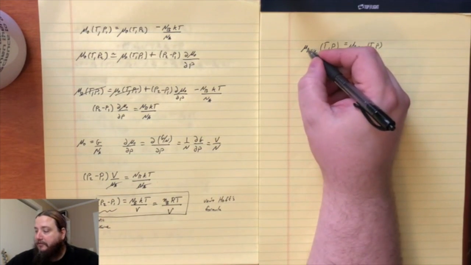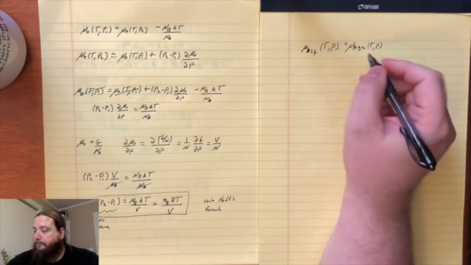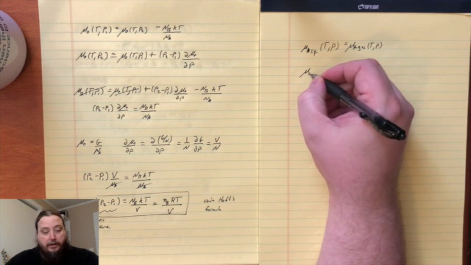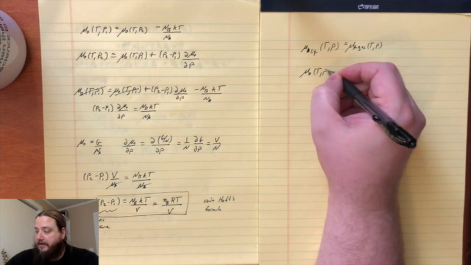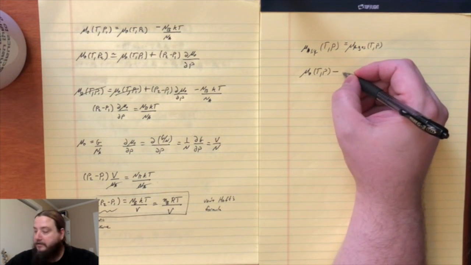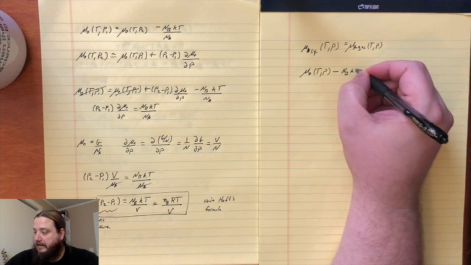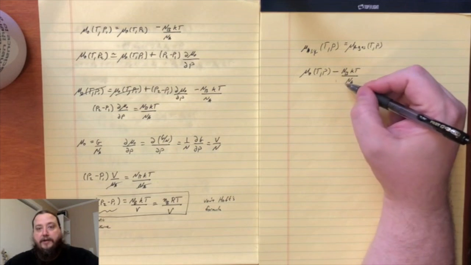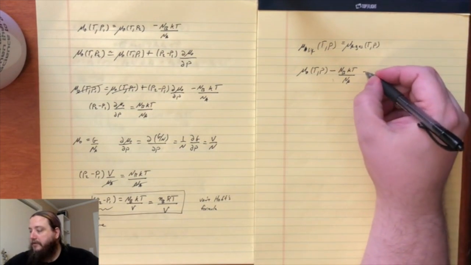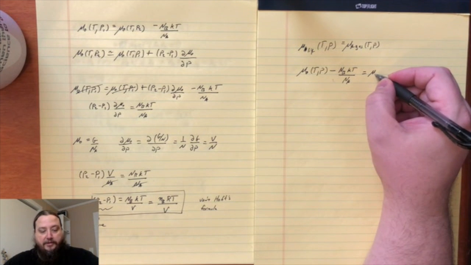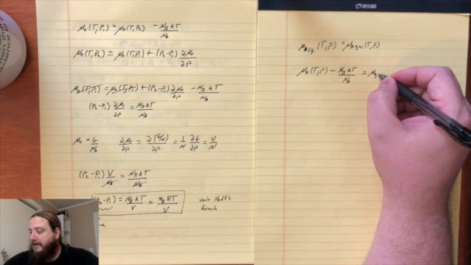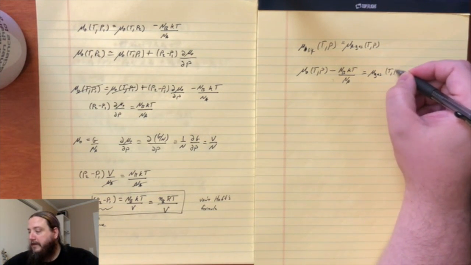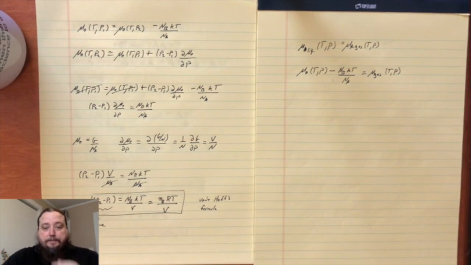And the chemical potential of our solution over here on the left in the liquid phase is going to be our mu naught at that temperature and pressure, again minus this correction factor N_B kT over N_A. This is the correction for the presence of solute molecules, and on the right-hand side we just have the usual chemical potential for the gas at that same temperature and pressure.